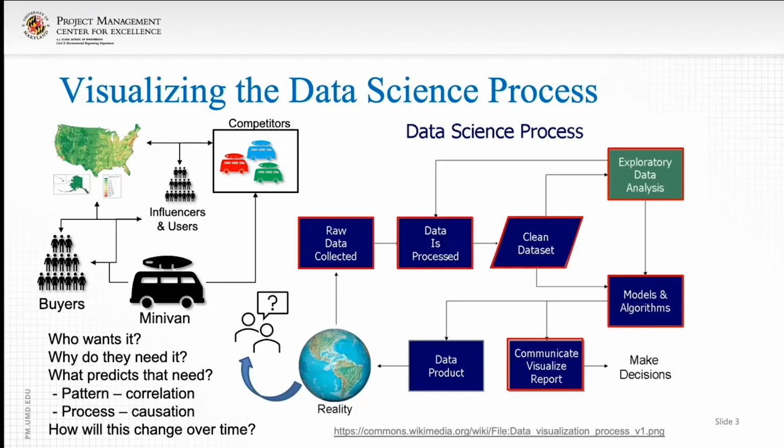And we can then produce a nice visual dashboard to keep us informed and to tell us if we're moving forward on our key performance indicators, as well as develop any data products that would then go and be deployed back into reality.